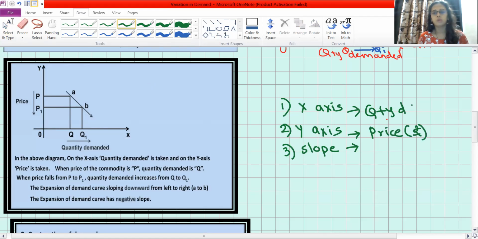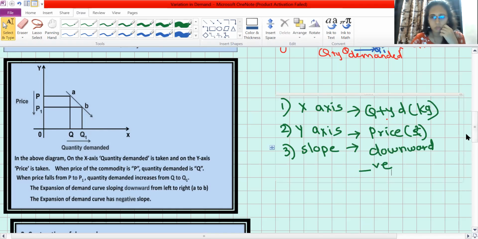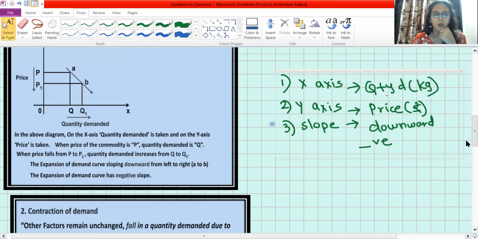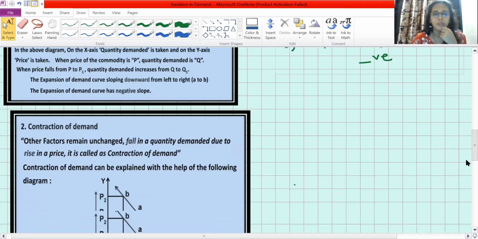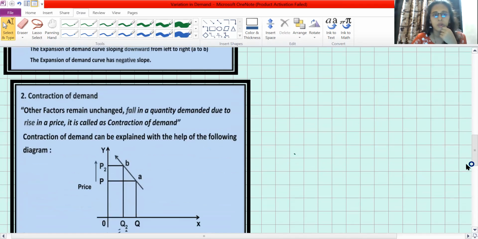Write the units also: quantity demanded in kg, price in rupees. And the slope is downward sloping from left to right. So the expansion curve has a negative slope, because there is an inverse relation. So this is expansion of demand. Now let's move to the next concept, that is contraction of demand.